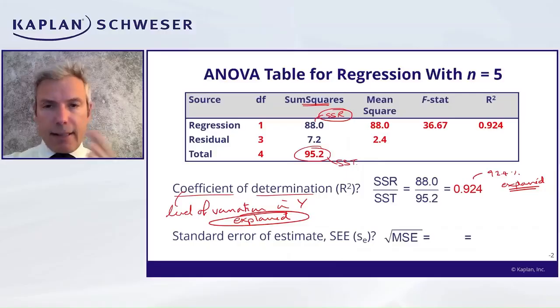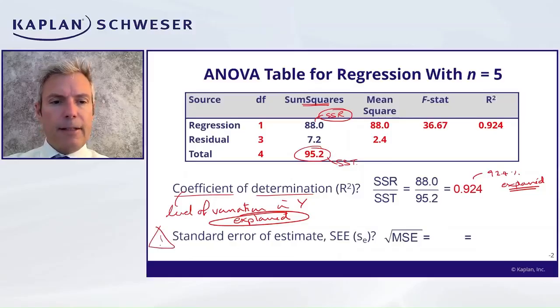In terms of another statistic that you could strip out of this table, unfortunately we get a rather nasty acronym to finish off here. So just be careful with this one. This one's a bit of a poison one. The standard error of the estimate. If you ever see that, the standard error of the estimate, SEE or S little e, I just think very carefully. I don't call it that because that's not the useful name. That's kind of like putting a disguise on it. I call it the volatility of the residual.